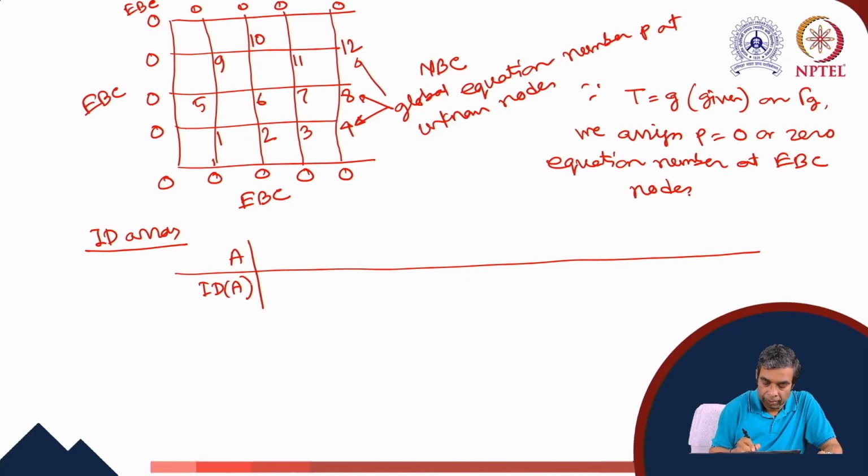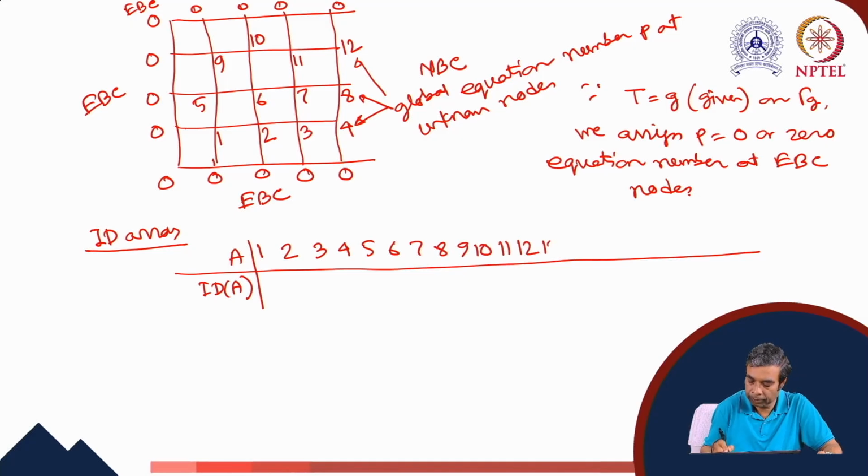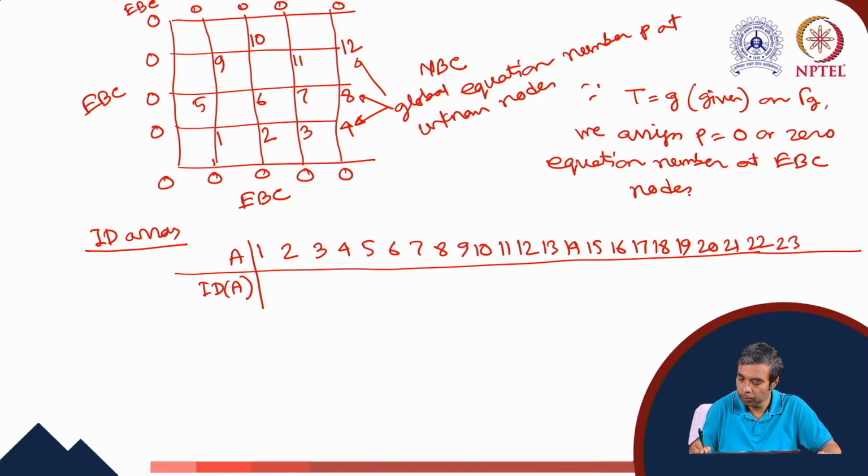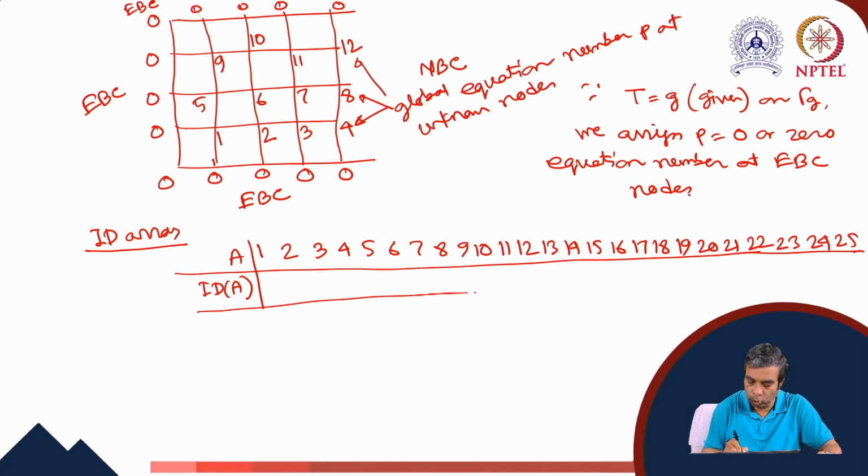So our 25 nodes are there. It starts with 1, 2, 3, 4, 5, 6, 7, 8, 9, 10, 11, 12, 13, 14, 15, 16, 17, 18, 19, 20, 21, 22, 23, 24, and 25 for all of the global nodes.